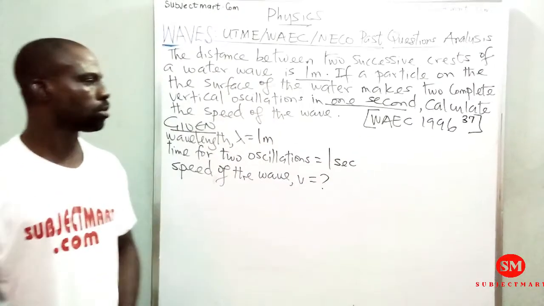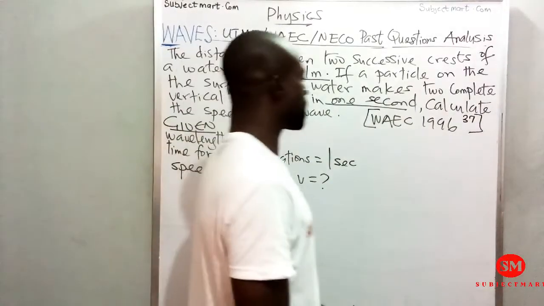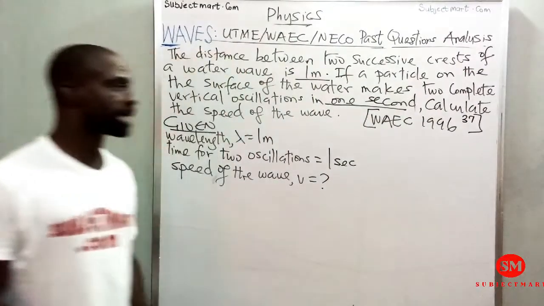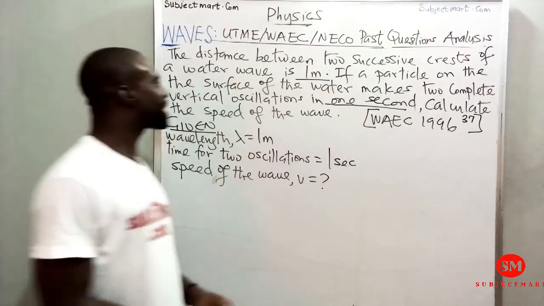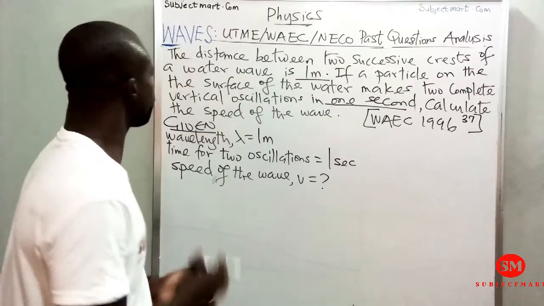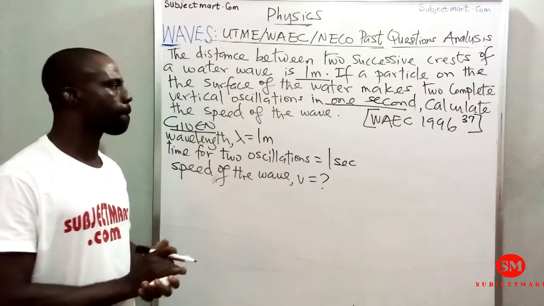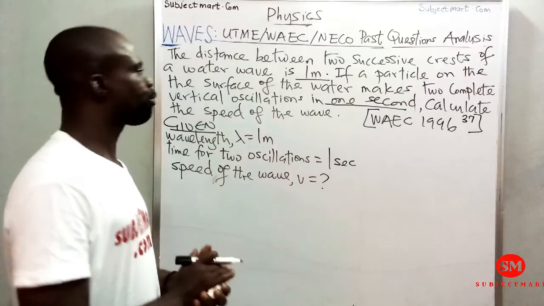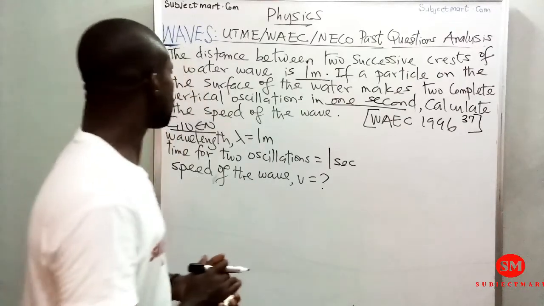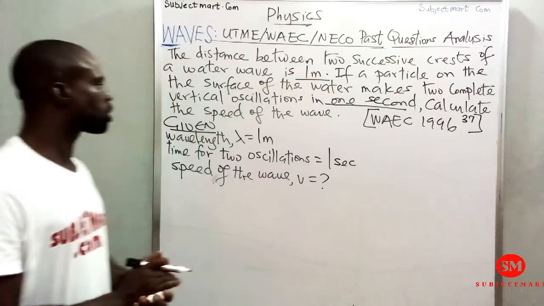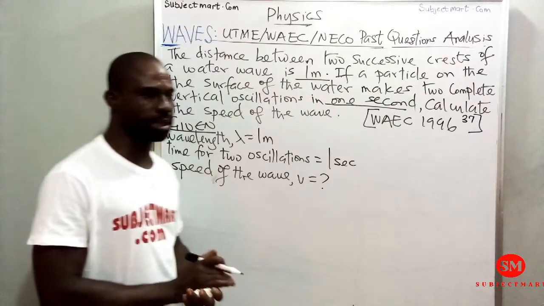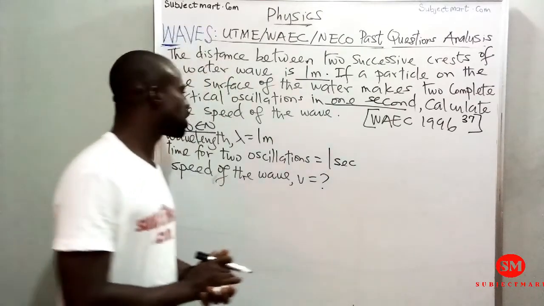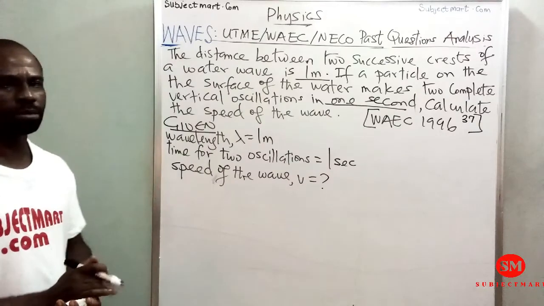This is another question. This one is from WAEC 1996, number 37. The distance between two successive crests of a water wave is 1 meter. If a particle on the surface of the water makes two complete oscillations in 1 second, calculate the speed of the wave.